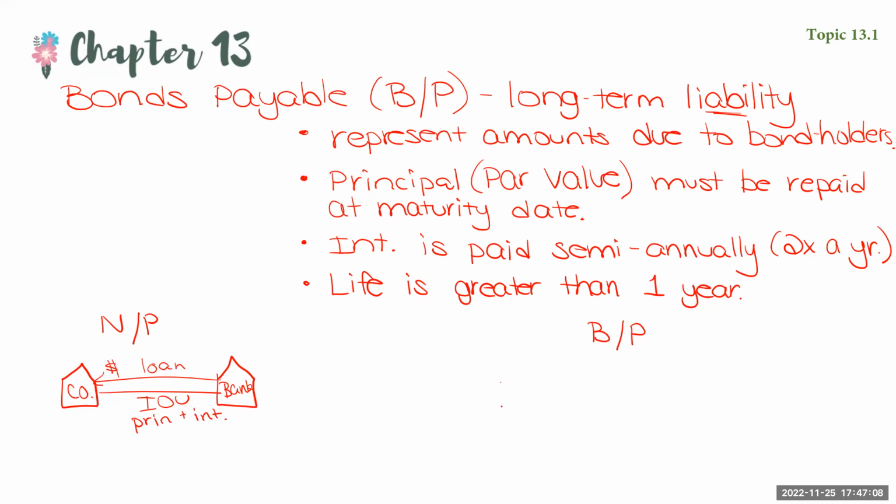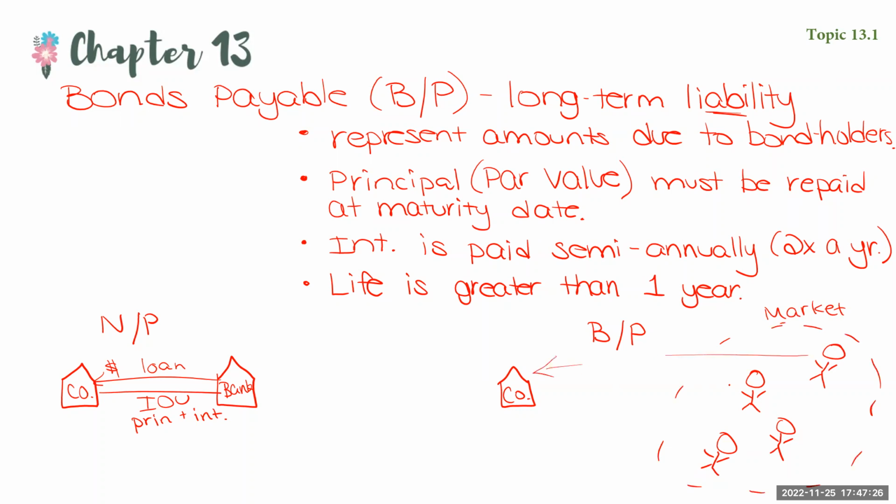Now with a bond, it's the same premise, but it's going to connect you with different investors who will then become your bondholders if they buy your bond. Okay, so it connects you with a market. This is the market. It's full of investors looking to put their money somewhere. So it allows you to raise a lot more money at once.